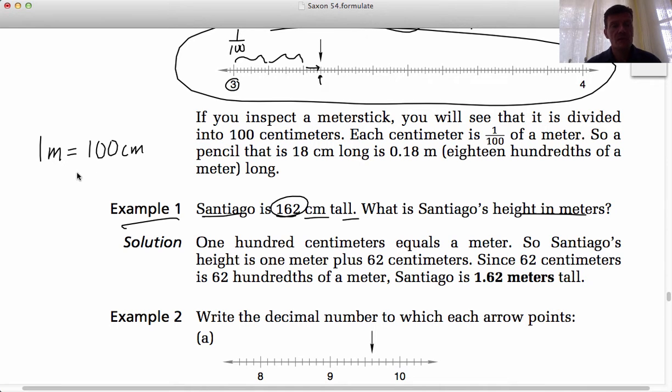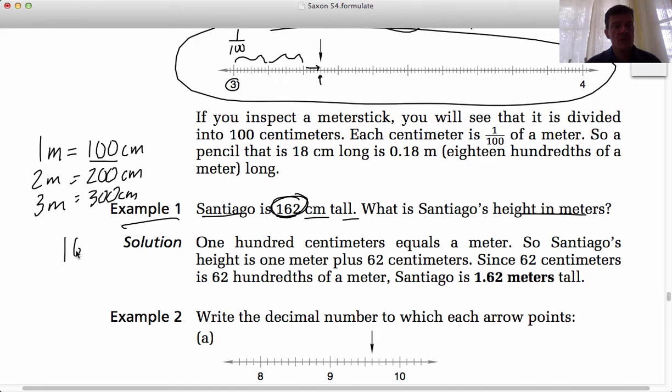So that means if I've got 100 centimeters, that's 1 meter. If I've got 200 centimeters, that's 2 meters. If I've got 300 centimeters, that's going to be 3 meters. But what if I have something in between 100 and 200, like 162?